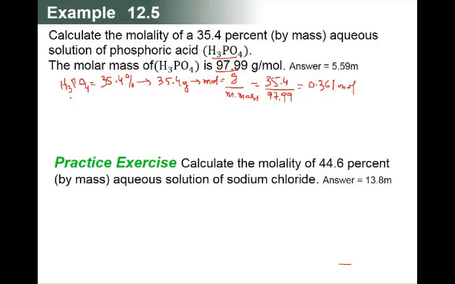Now for the water, see here the water is not given in the question, but it is understood because it says aqueous. Aqueous means water. Aqua is another language word, and this means water. So you have to understand that water is not given in the question, but it will be 100 minus the percentage of phosphoric acid, that is 35.4, because total is 100.